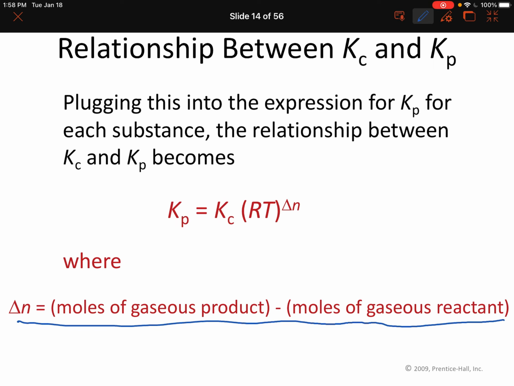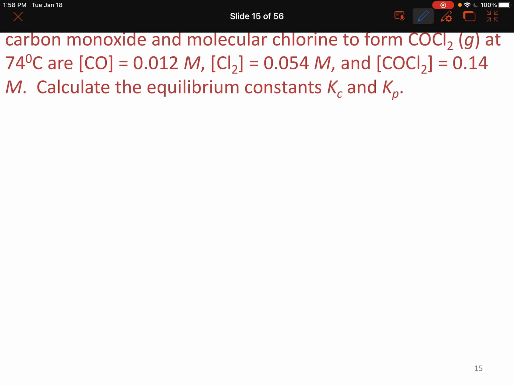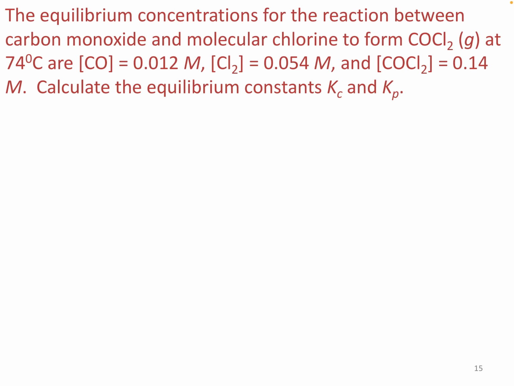Because every time we're converting pressure and molarity back and forth, we'll multiply by RT to whatever power applies based on the balanced equation. All right, I think it'll make more sense to actually use this equation rather than just looking at it by itself. So we'll do that over the next two slides.